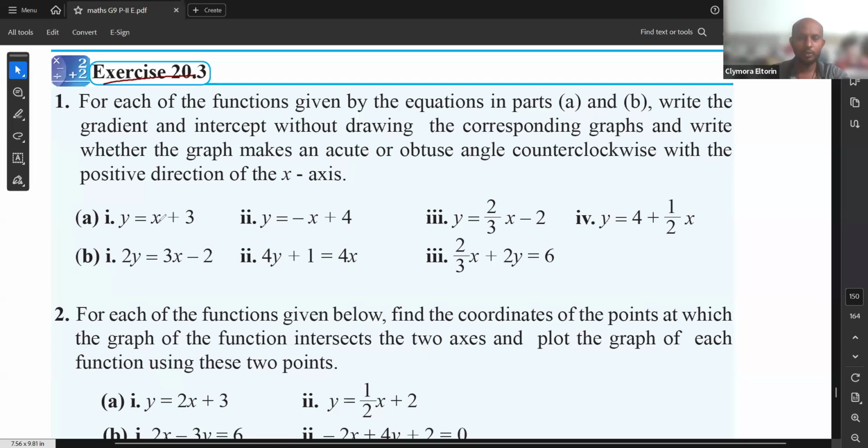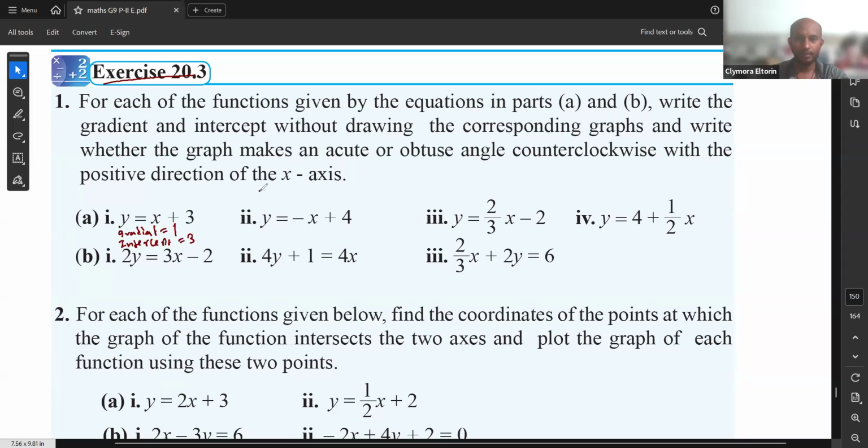Here there's no intercept, but the coefficient of x is 1, so the gradient equals 1. The intercept is plus 3, that means 3. Correct. In this case, there's a minus 1.